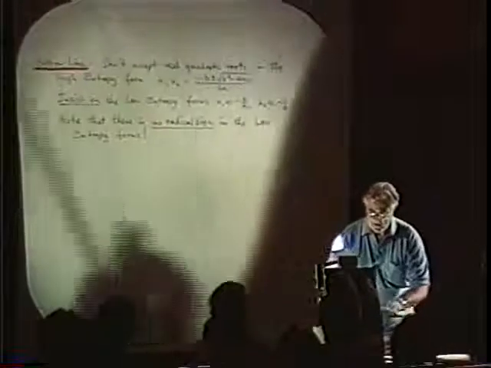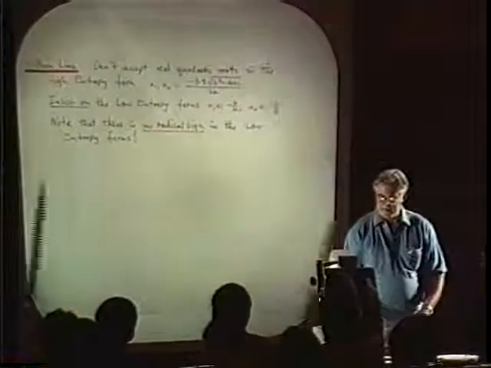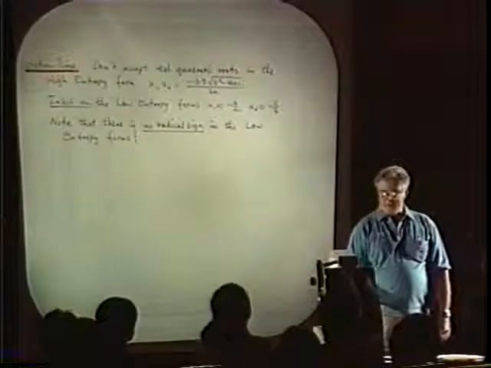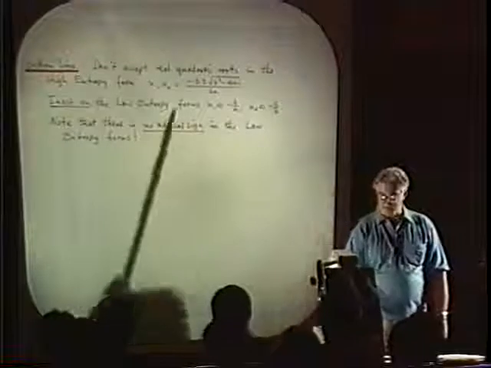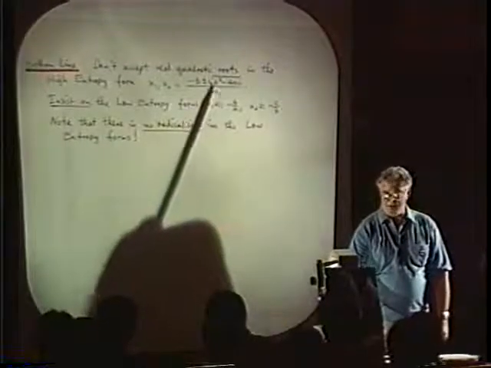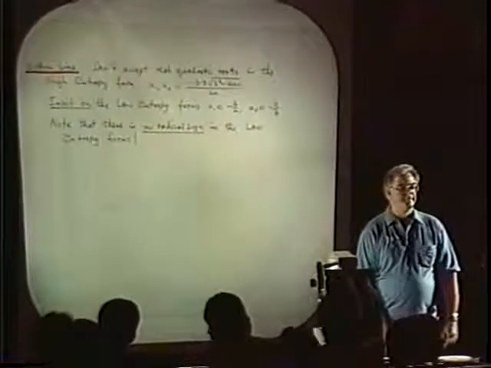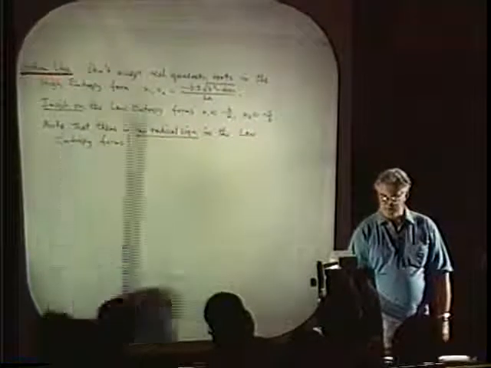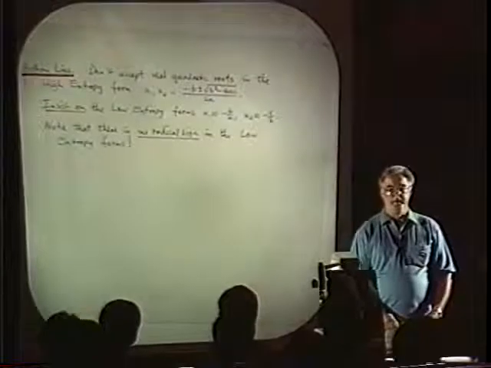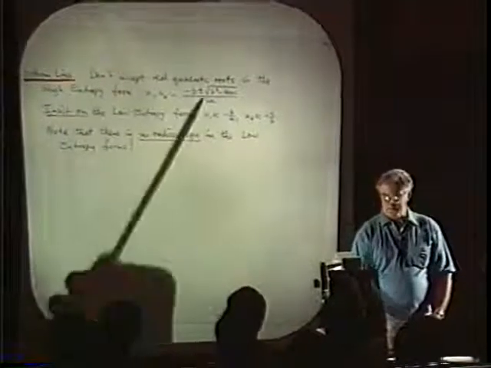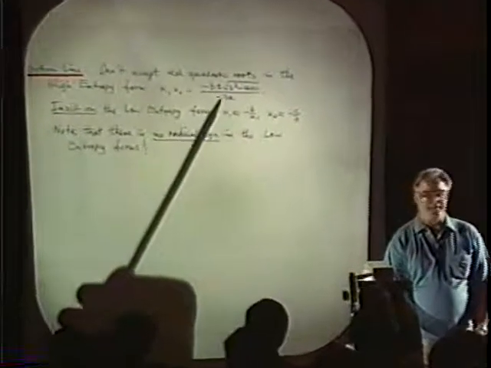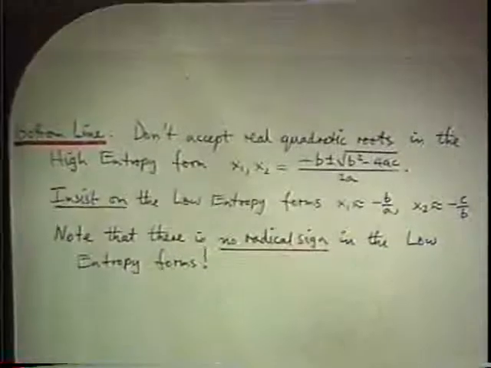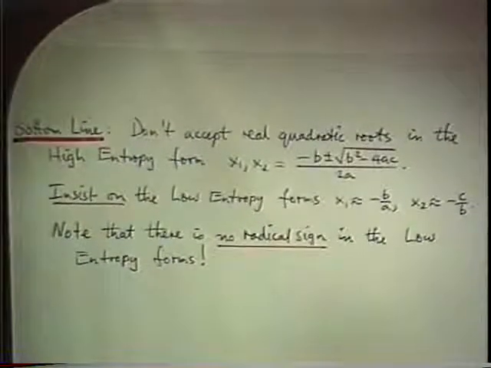So again, the manager's bottom line. You see any of your people writing reports or submitting things for publication that has this horrible mess in it, send it back. You can do much better. And most of the times, the designer who came up with that result didn't even know whether the roots are real or complex.